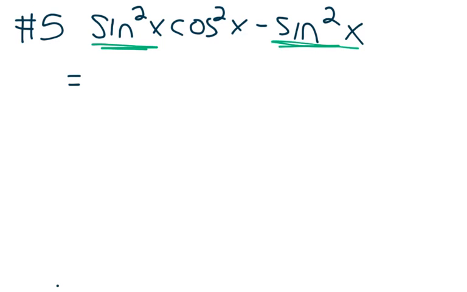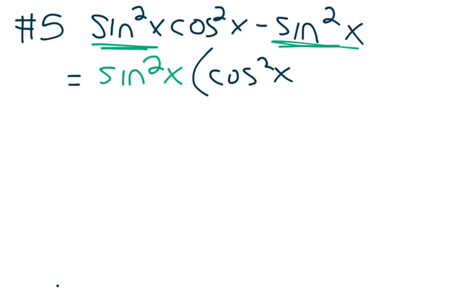So this means that I can do a GCF. Alright, so I have a GCF of sine squared, so I'm going to write that on the outside. And it leaves me with cosine squared x for this term, because that one was divided out. And this one, when I divide it by itself, leaves me with a minus 1.